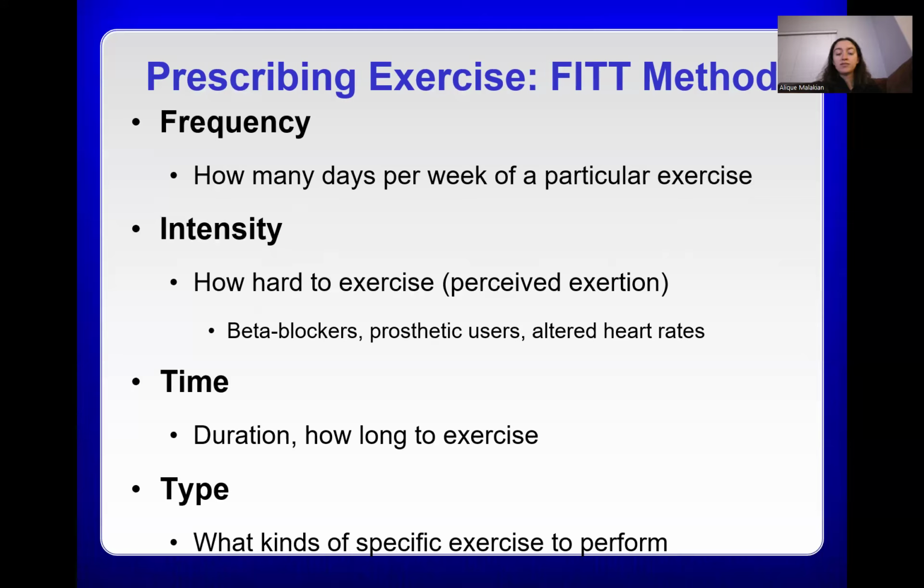Prosthetic users also have increased economy when trying to do exercise compared to other people, so that's another thing to watch out for that we'll talk about. And also just altered heart rates. There are a lot of conditions that alter the heart rate response to exercise. So, yeah, intensity is definitely something that you have to keep your eye on when working with these populations.